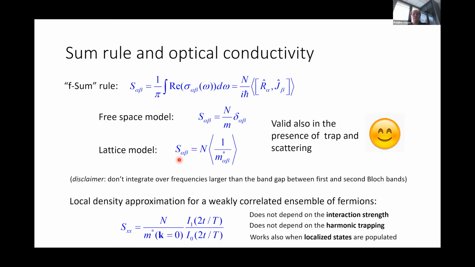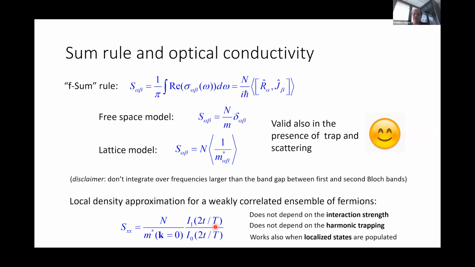So you can this way work out the expression here, and what you get is this simple expression for the area, which involves the atom number again, the effective mass, and some modified Bessel function, and the tunneling and the temperature. What is remarkable is that it does not depend on interaction strength. This is because we're working in a weakly correlated system.